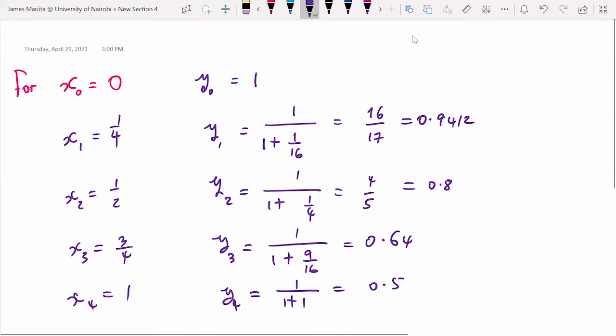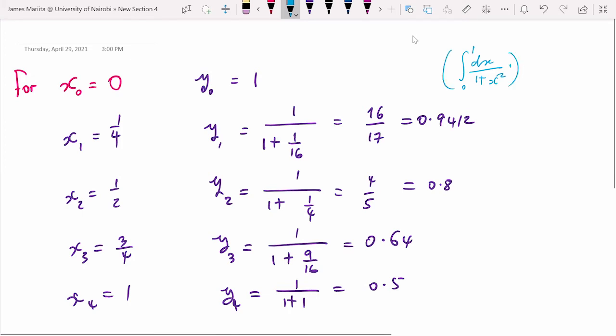So notice that when we are getting to the y values, once we subdivide the given interval, in this case into 4 equal parts, it means that for us to get the y values, we go back to the integrand, and the integrand in this case was the integral from 0 to 1 of dx over 1 plus x squared.